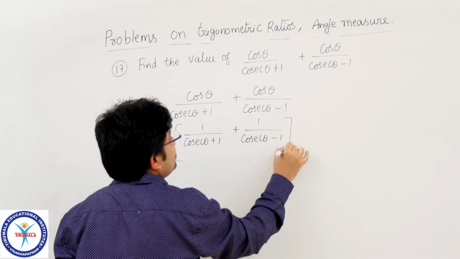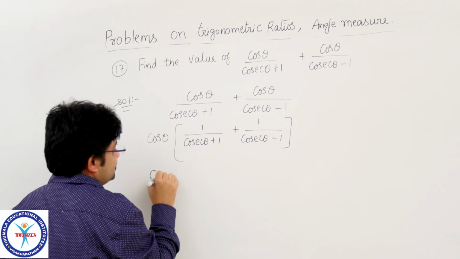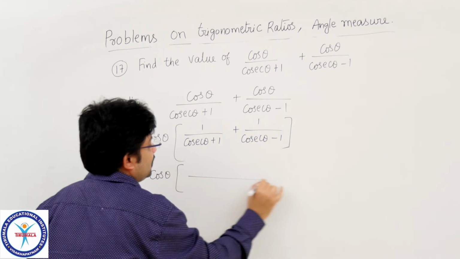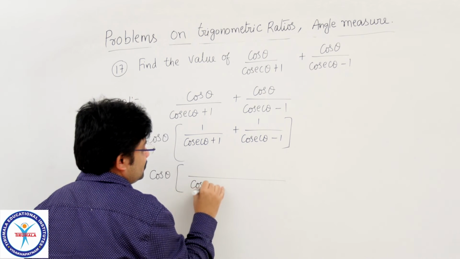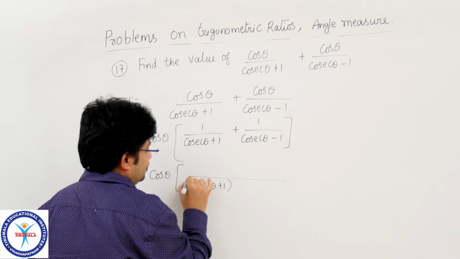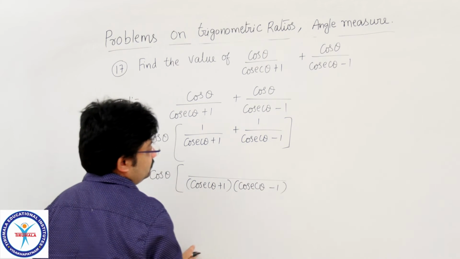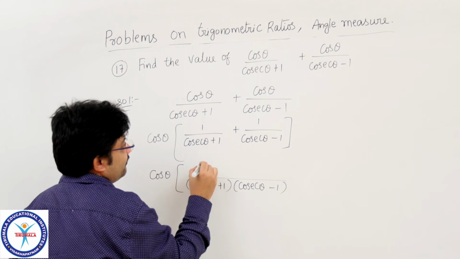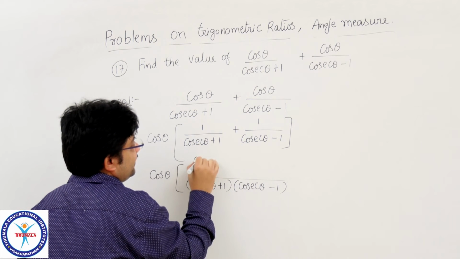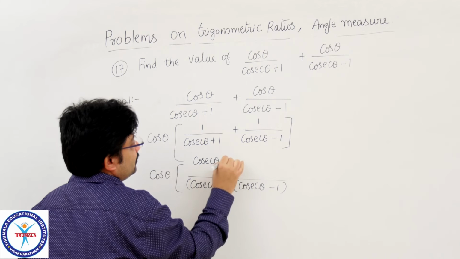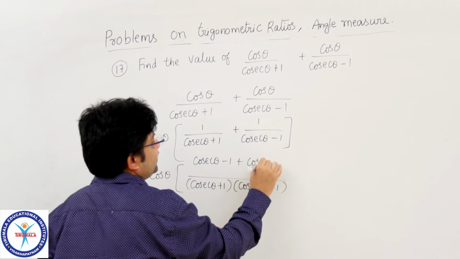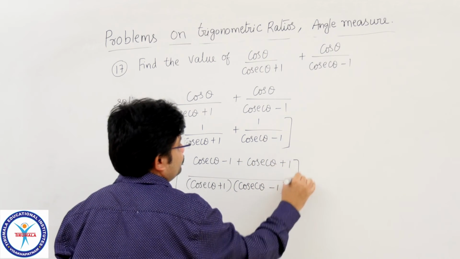That is cos theta into, what will be the LCM? Cosecant theta plus 1 into cosecant theta minus 1. Then the numerator will be cosecant theta minus 1 plus cosecant theta plus 1.